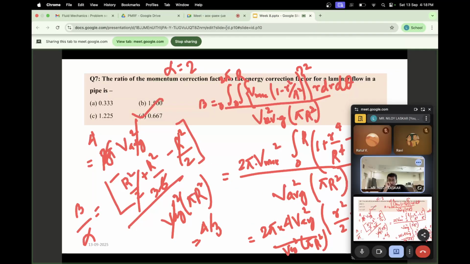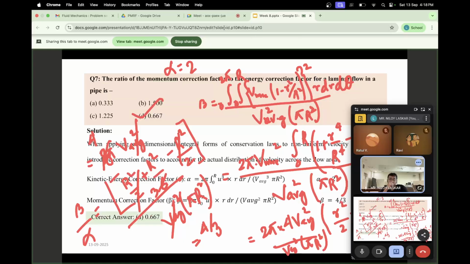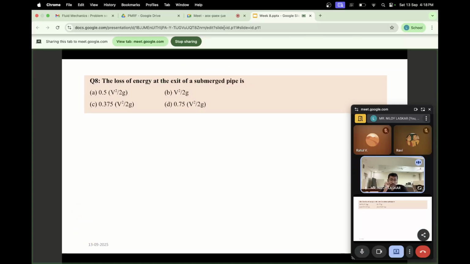I hope that you will be able to solve this integration. So now I am moving to this next question. It's a theoretical question.